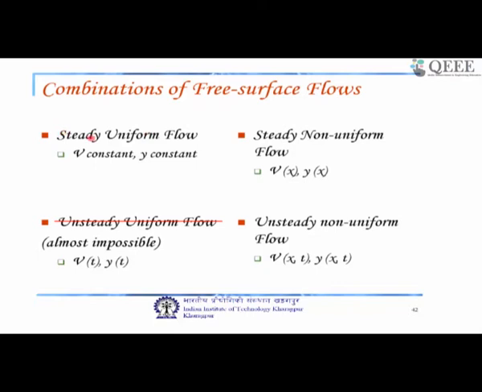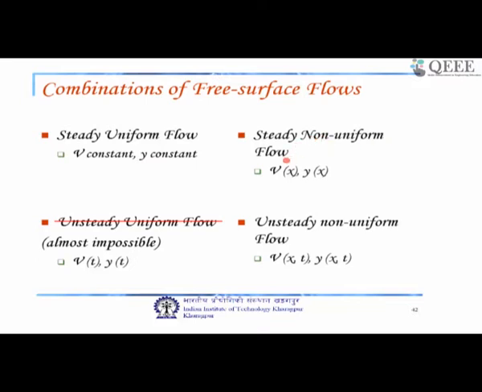We have seen that the steady term represents time, and the uniform term represents space. So, we can have steady uniform flow, where velocity is constant and y is constant, that means the mean velocity will be constant and the depth of flow will be constant.